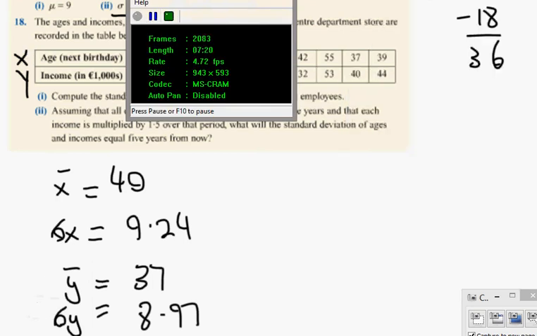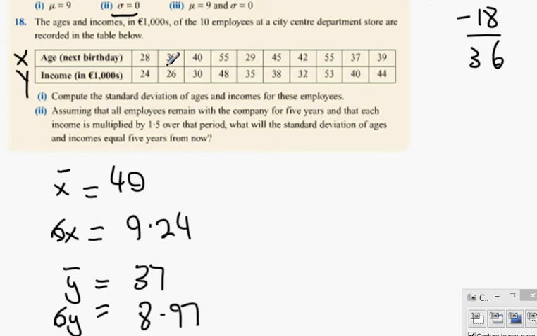Okay, what we're going to do next is add on age, okay. The age is going to be 5 years for each one, so that's going to be 33, 35, 45, 60, 34, 50, 47, 60, 42, and 44. Can somebody be so kind as to multiply 24 by 1.5? 36, I think.